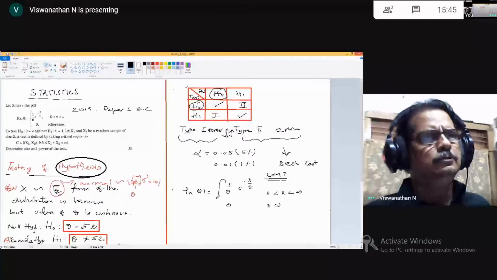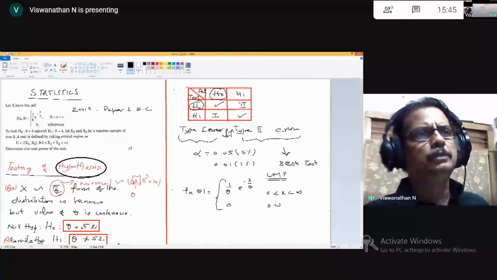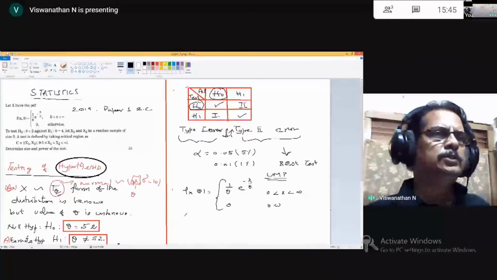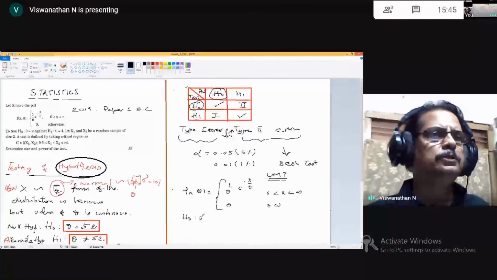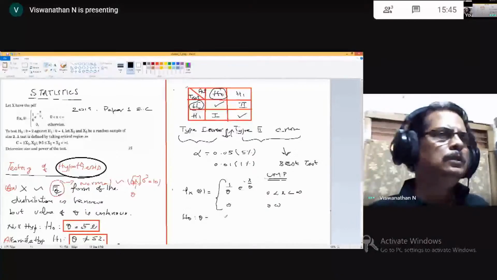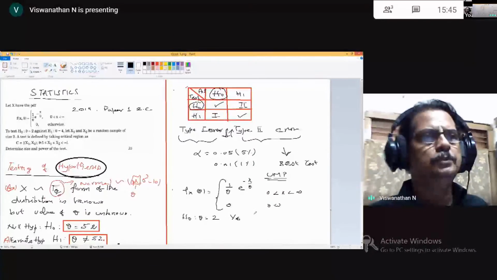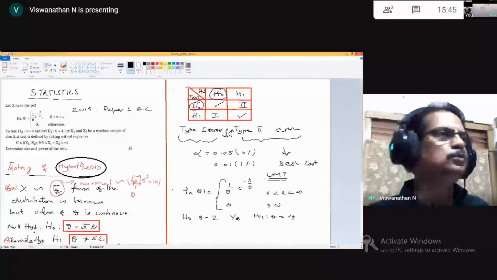So this is a positive-valued random variable because it takes positive values. And what are they saying? They are interested in testing the null hypothesis H0: theta equal to 2 versus the alternate hypothesis H1: theta equal to 4. This is what they are giving.